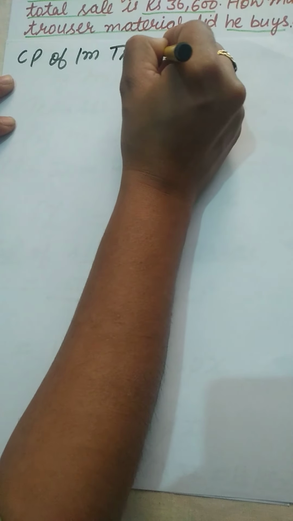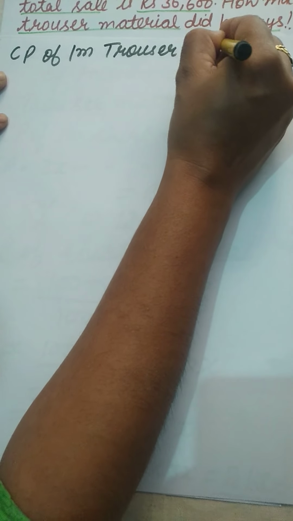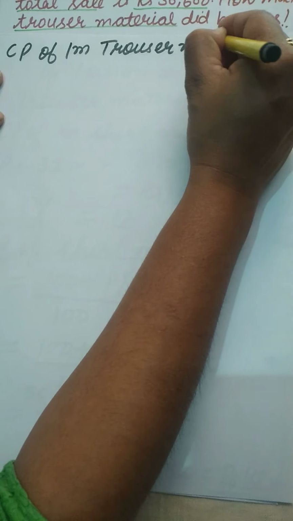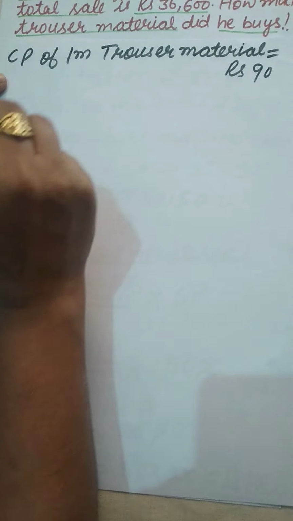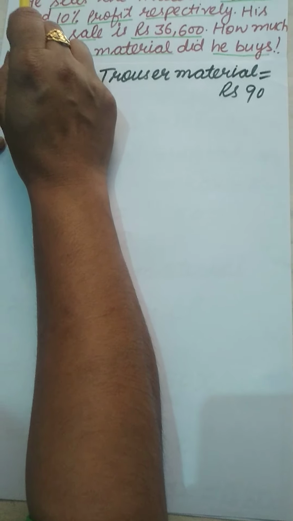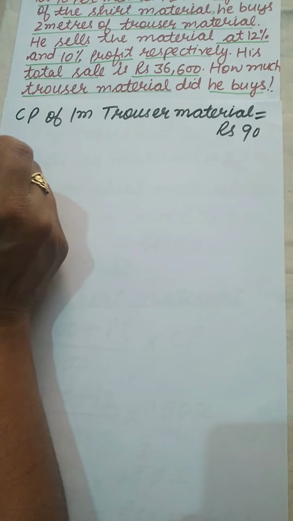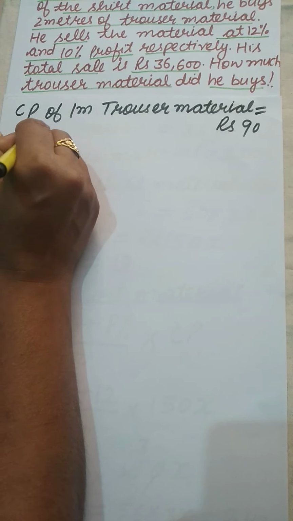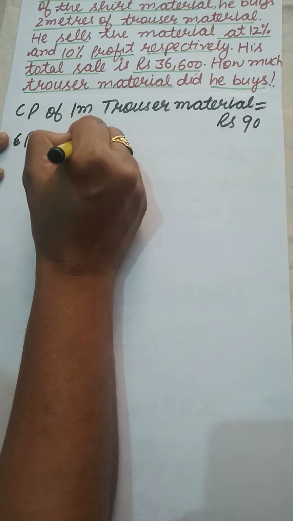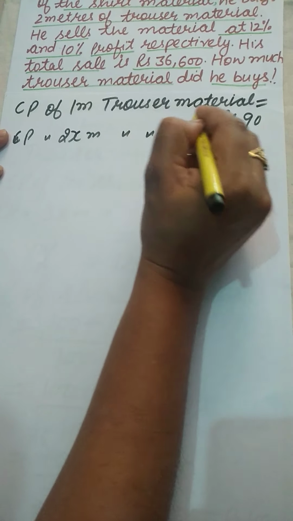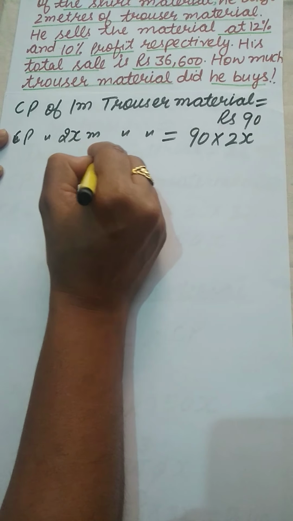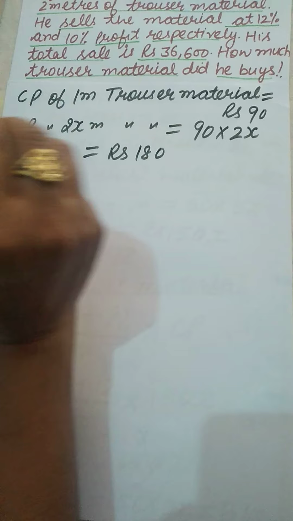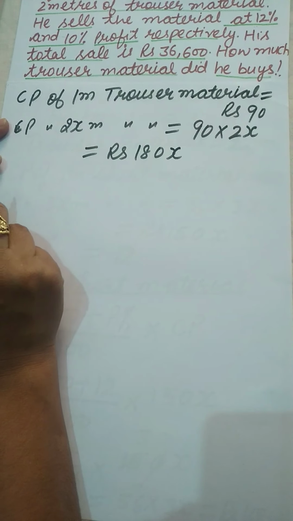We bought 2x meter trouser material, so the cost price of 2x meter trouser material will be equal to 90 multiplied by 2x, that is rupees 180x.